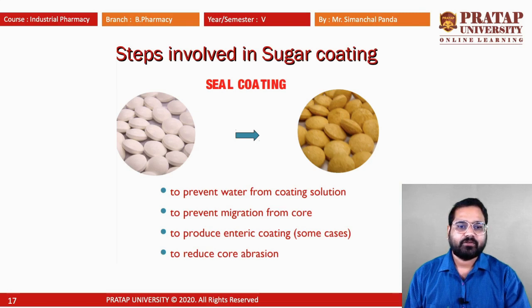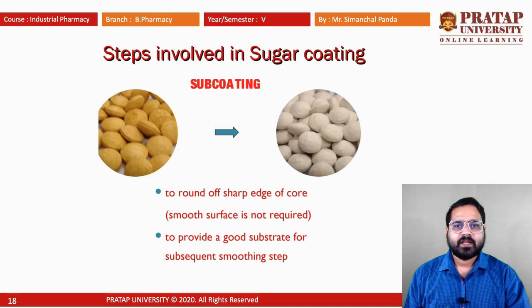In order to avoid that, we have to go for the seal coating. It will avoid migration from the core material, the product enteric coating in some cases, and it will also reduce core abrasion. Then the next step is the subcoating to round off sharp edges of the core.